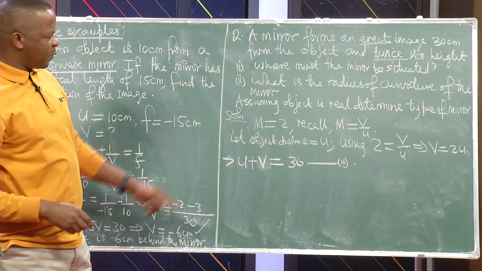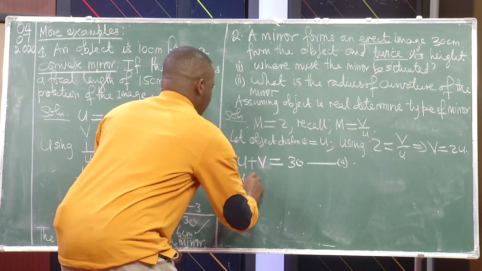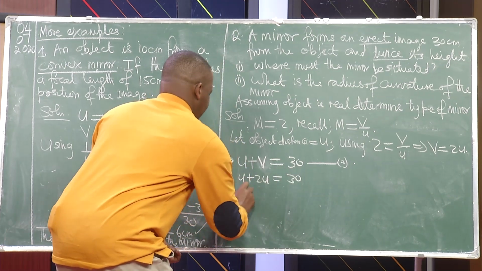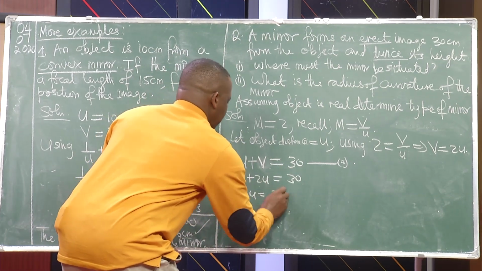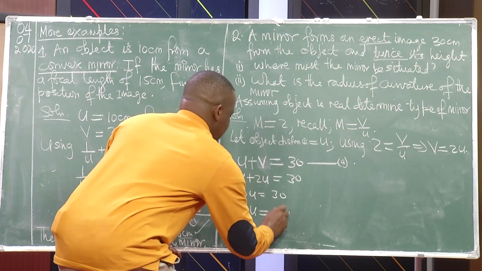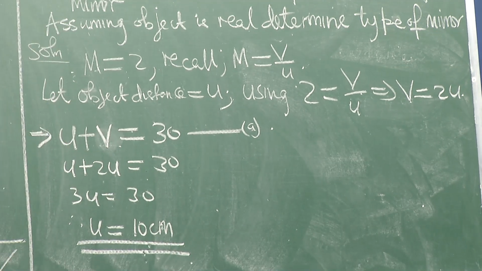But we already have V in terms of U, so we can say U plus 2U will be equal to 30, and therefore 3U will be equal to 30, and therefore the object is actually 10 centimeters from the mirror.